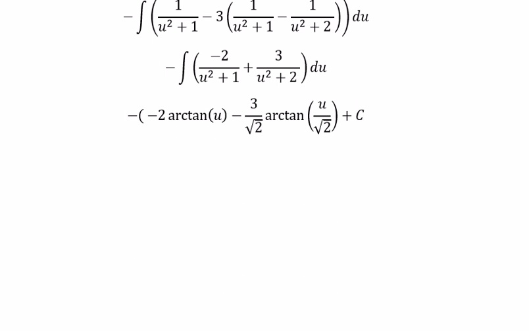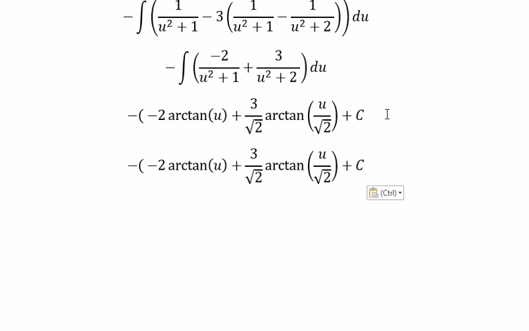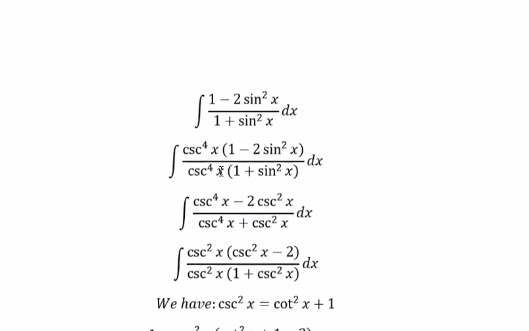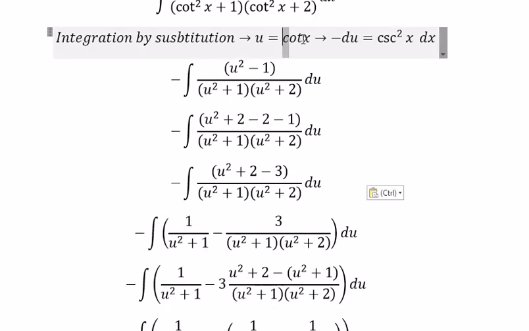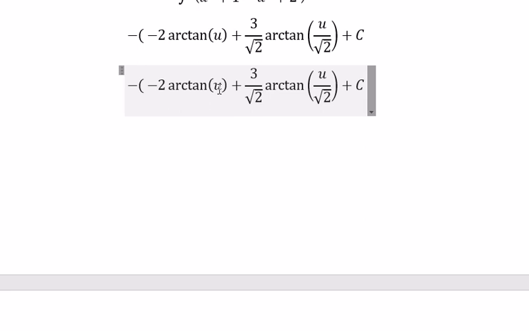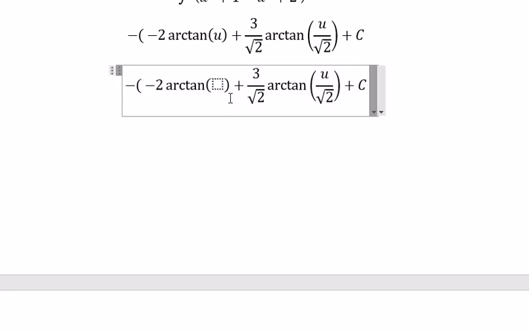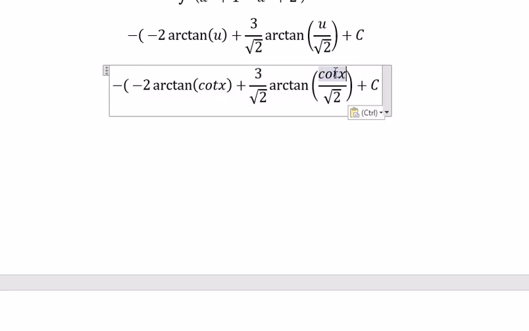So for u, we need to change back to cotangent. And this is the final answer.